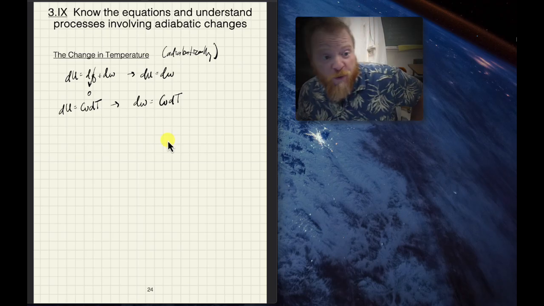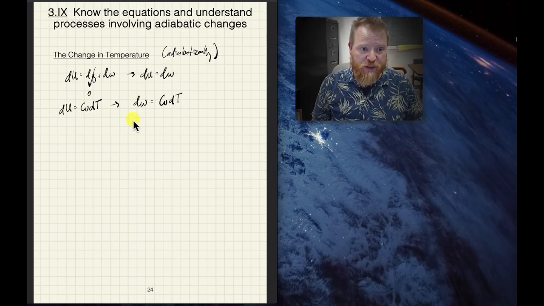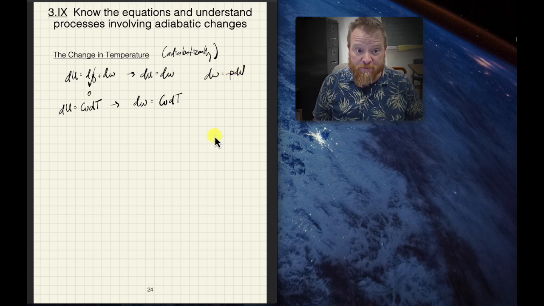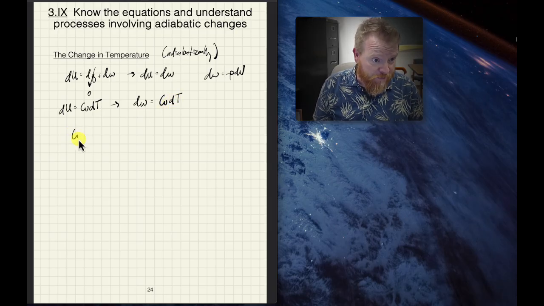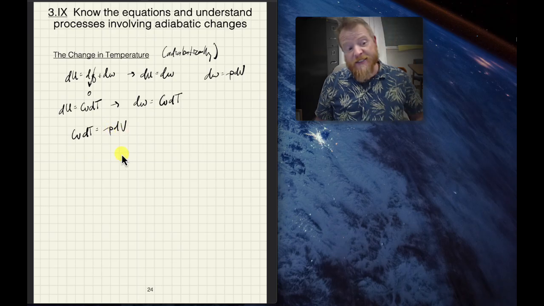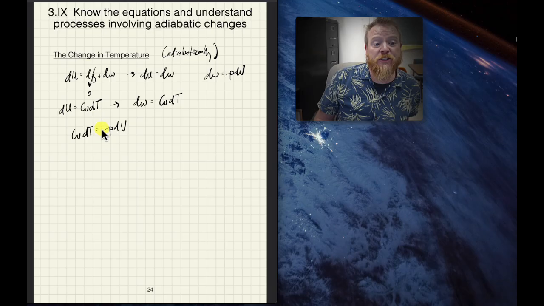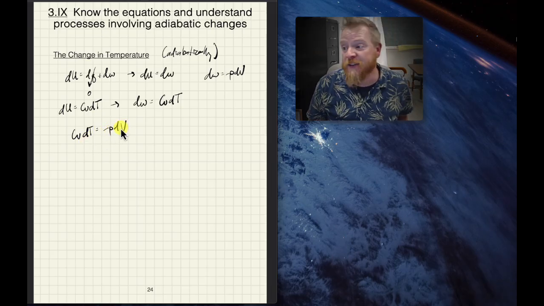Well, we have another way of relating changes in work due to expansion or compression, and that's from dw equals negative p dV, right? So we can plug that relationship in and arrive at the following. We can say that Cv dT equals negative p dV. And now you can see we've got this relationship solely based on the things that are changing, the temperature and the volume.